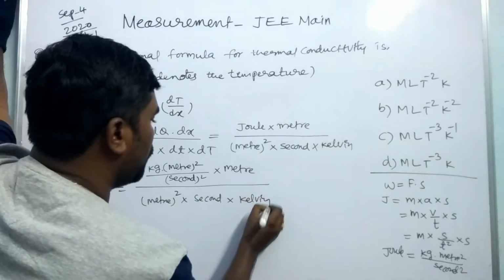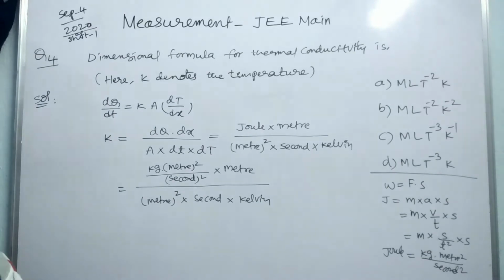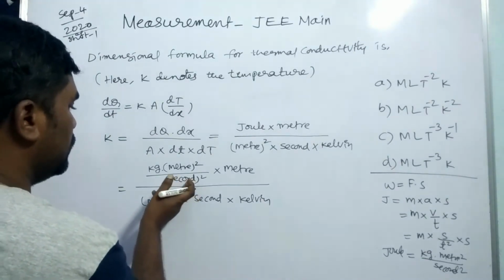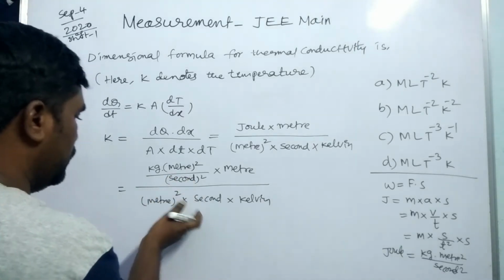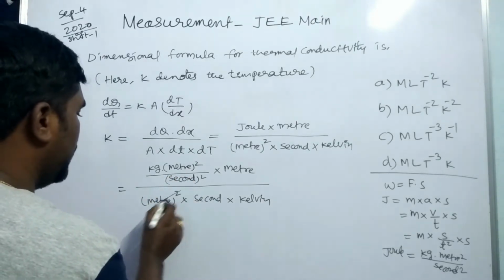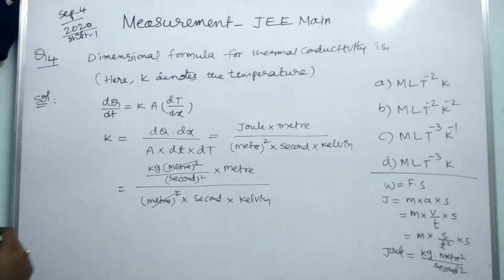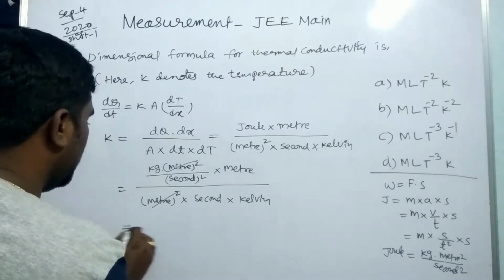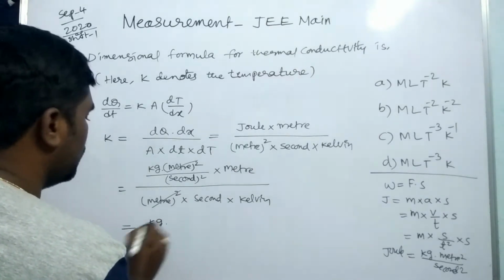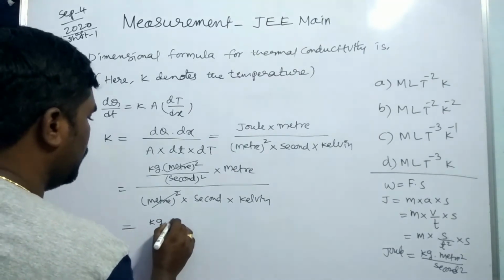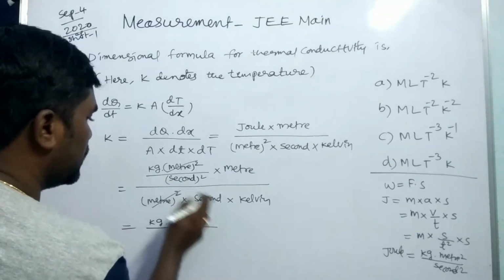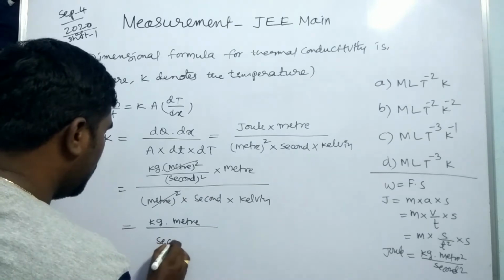Just to simplify here, how can we write that? So this second square should go downwards. Meter square gets cancelled out. Here there is meter and here kilogram into meter by second square into second, so second cube, into Kelvin.